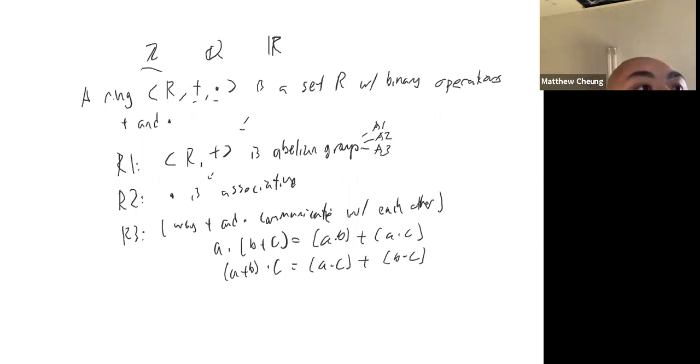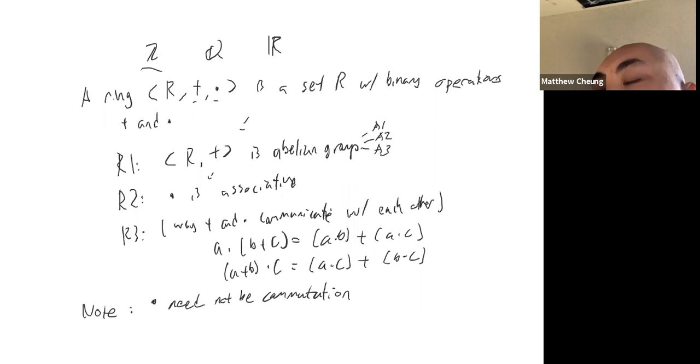Because one thing you note is that multiplication need not be commutative, because we want the set of matrices to be a ring, and as you know, matrices don't commute under multiplication. Similarly, some books require this, but there's no need for an identity.